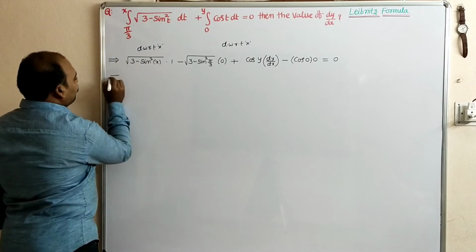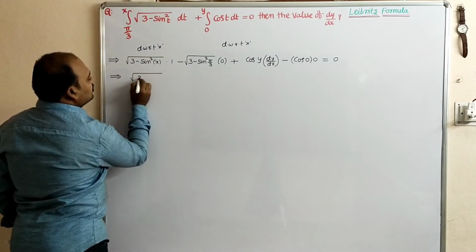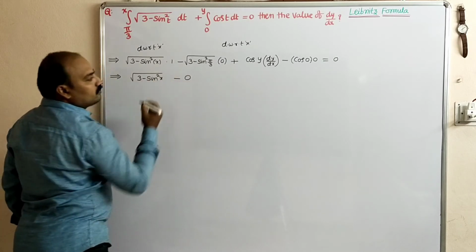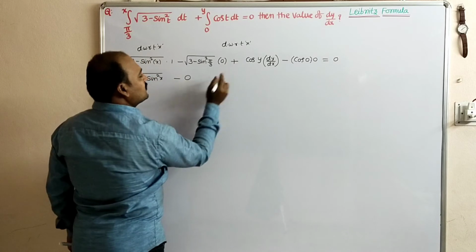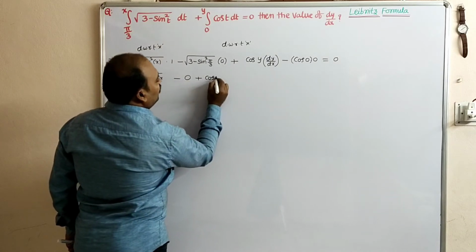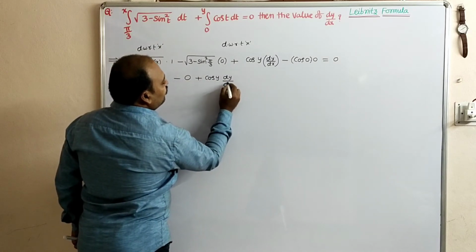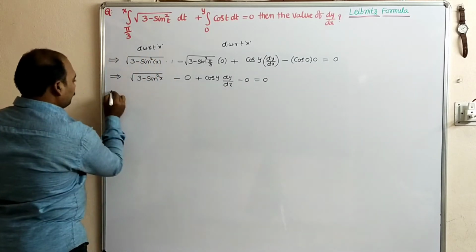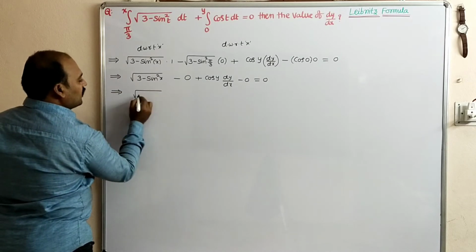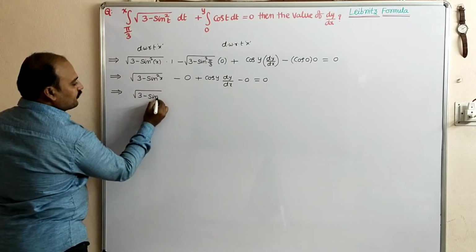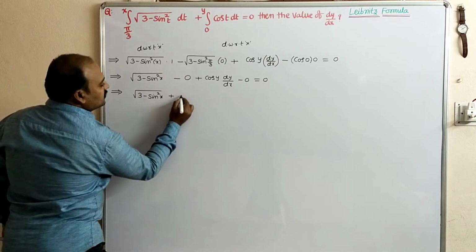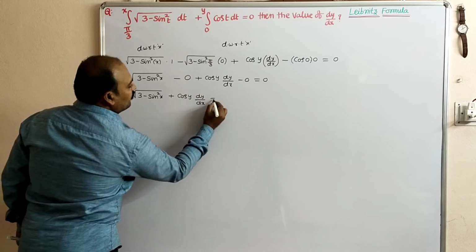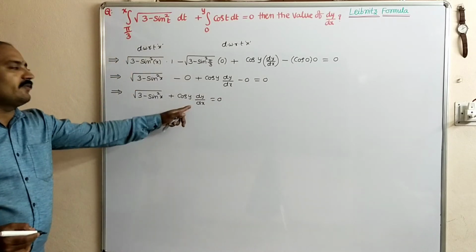So now square root of 3 minus sine square x minus 0, 0 into anything is 0, plus cos y into dy by dx minus 0 equal to 0. So square root of 3 minus sine square x plus cos y into dy by dx equal to 0. From this make dy by dx the subject.